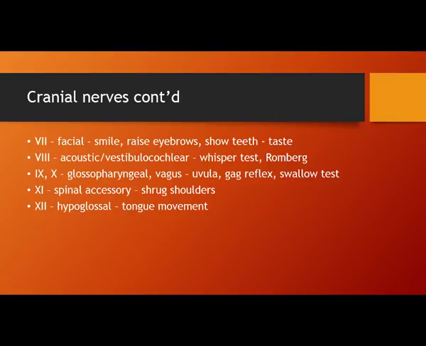Then cranial nerve 8 is acoustic, or vestibulocochlear. The nerve itself does two things. It conducts hearing to the brain, and it also conducts the sensation of balance. So for the acoustic part, we do the whisper test.